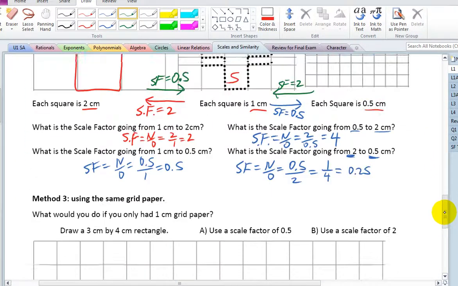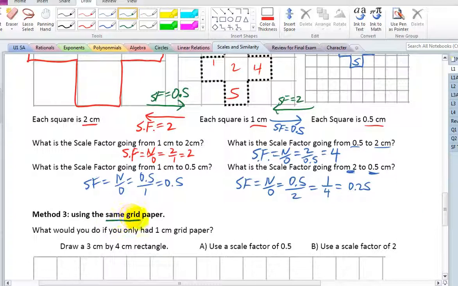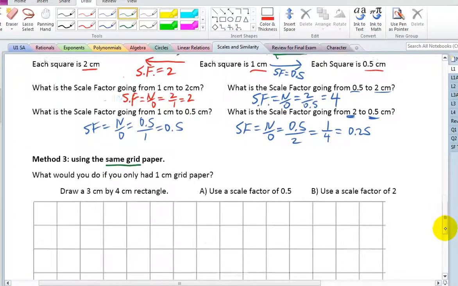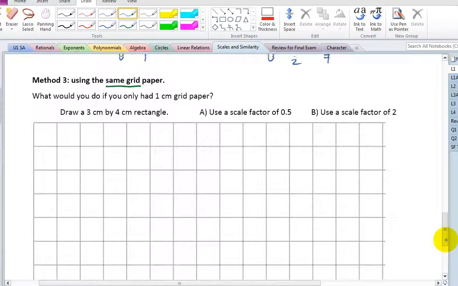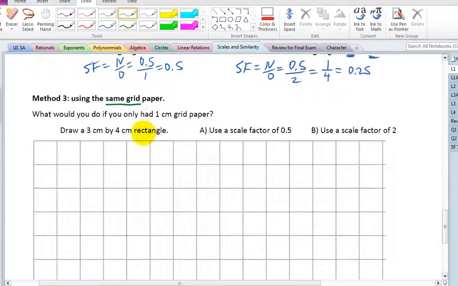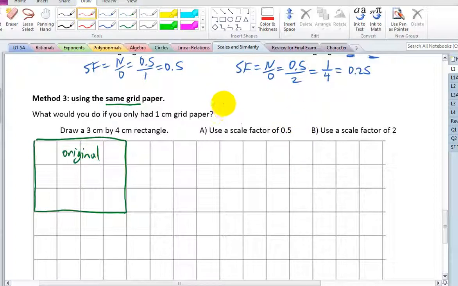Okay. The last method is using the same grid paper. So what we want to do is draw a 3 by 4 rectangle. So 3 by 4 squares. There's your original. Okay. Now you want to draw another one, which I'll use red, using a scale factor of 0.5. So you would do what we did at the beginning.